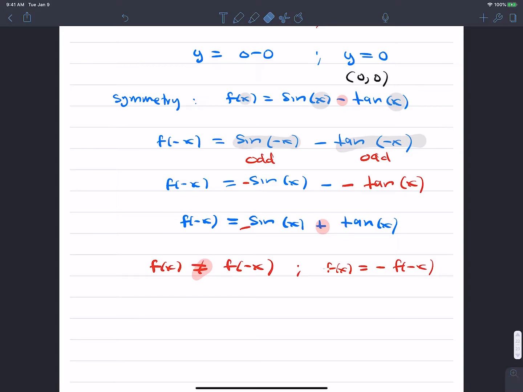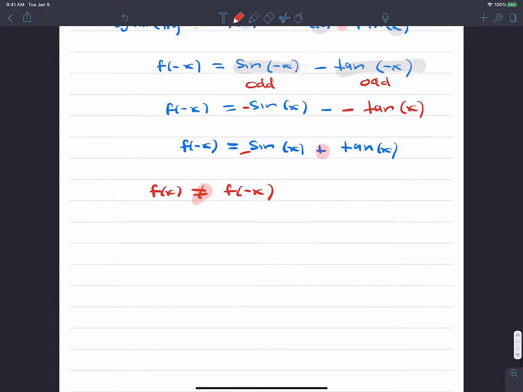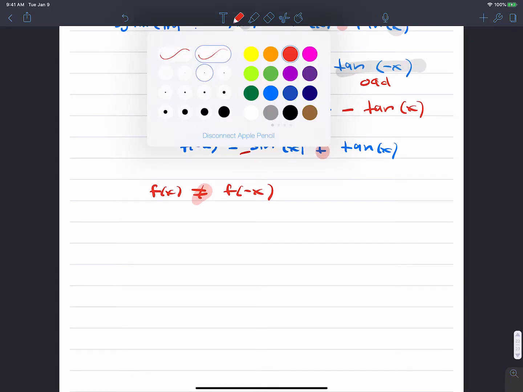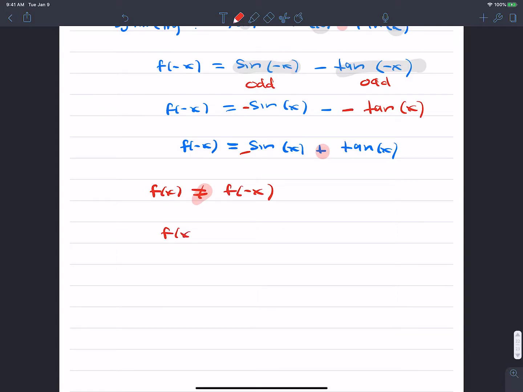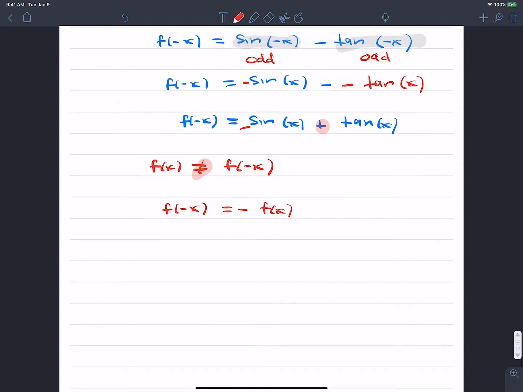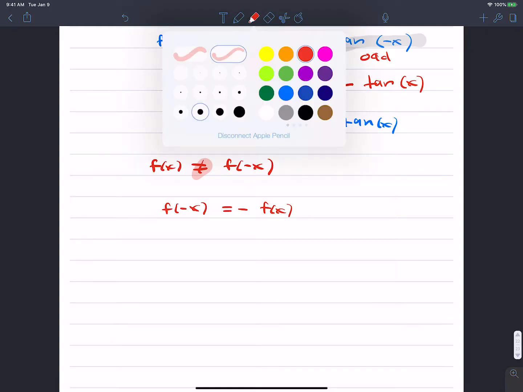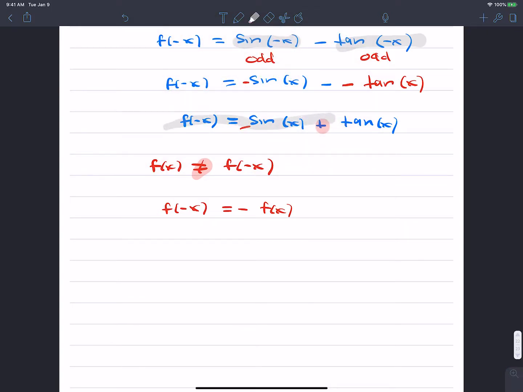However, let's look at this statement now. Is f of minus x equal to minus f of x? So we already know what f of minus x is. It's right here. Is that right? So let's find what minus f of x is.